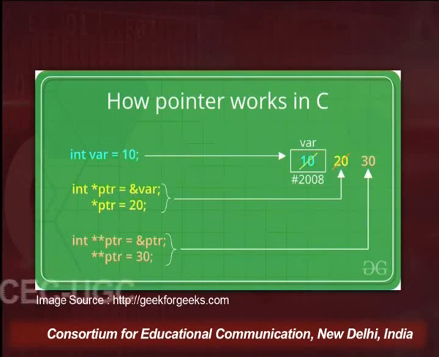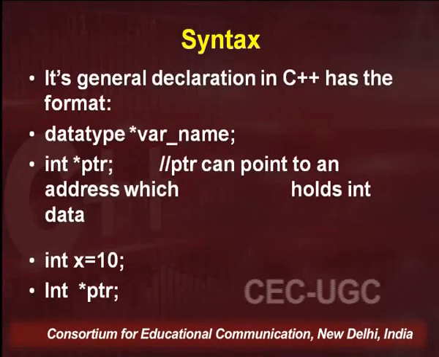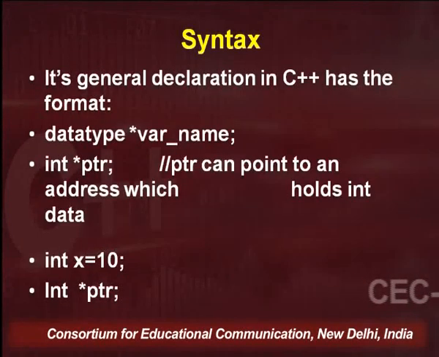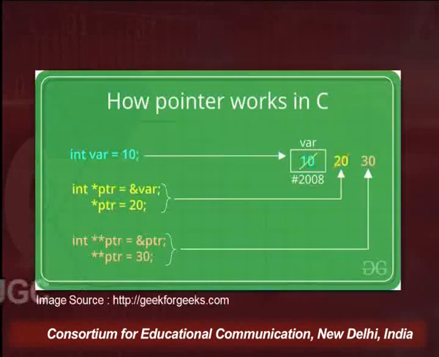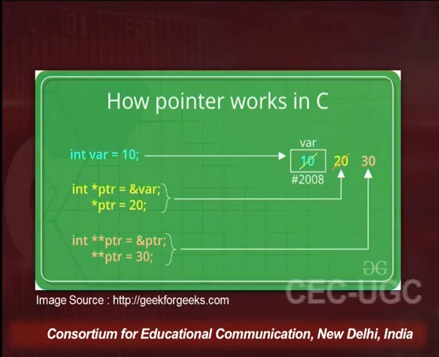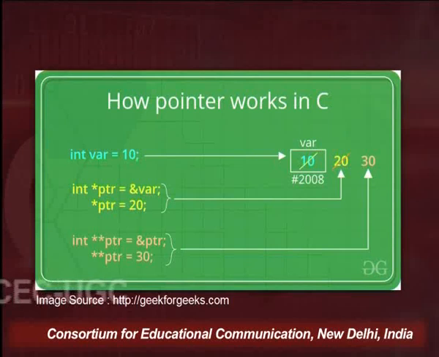And then we can say ptr is equals to ampersand var. That means the value this ptr variable is going to hold is the address of var. So ampersand means address of.